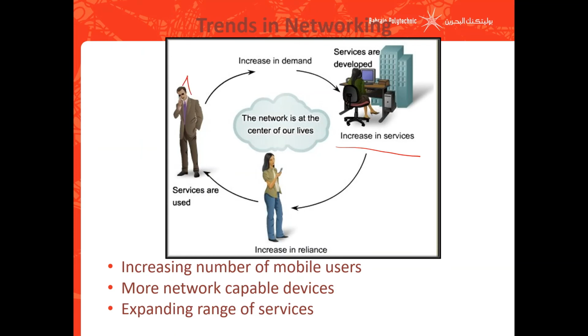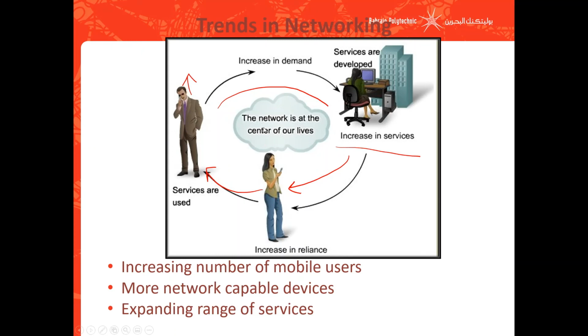There's an increase in mobile users, which means there's an increase in the demand for services. So services like Microsoft Teams were created, and they increased the reliance as well. People started relying on them because they were able to use them, and because they started using them more, the cycle keeps repeating.